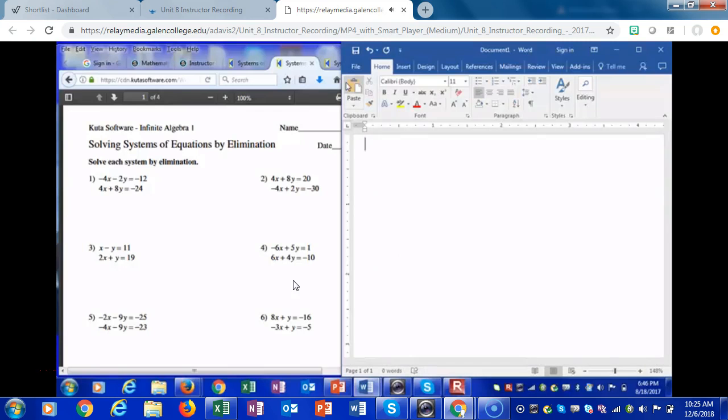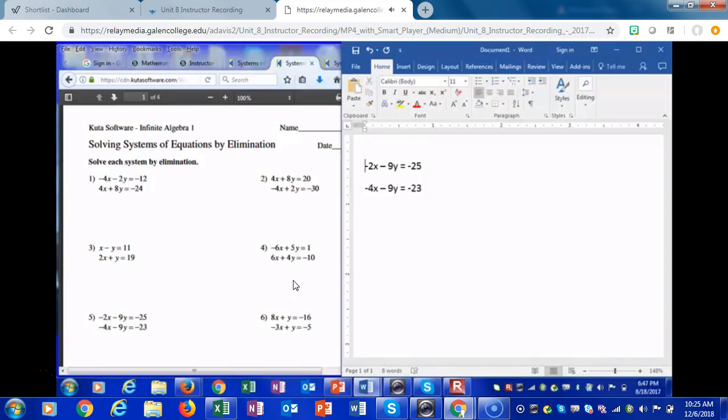Let's try number 5. Number 5, it says negative 2x minus 9y equals negative 25, and negative 4x minus 9y equals negative 23. Now, you can look at this two different ways.